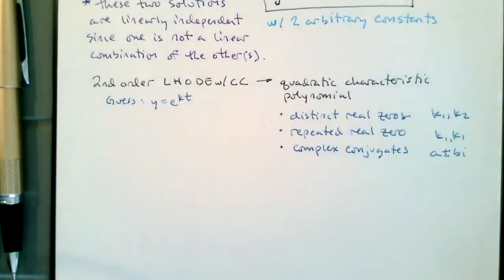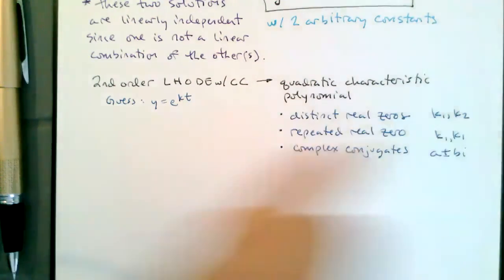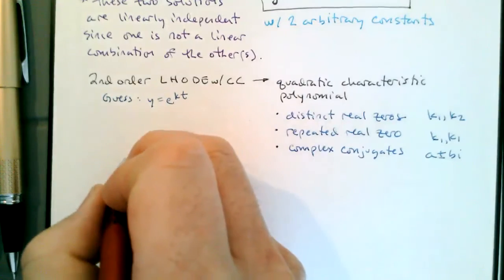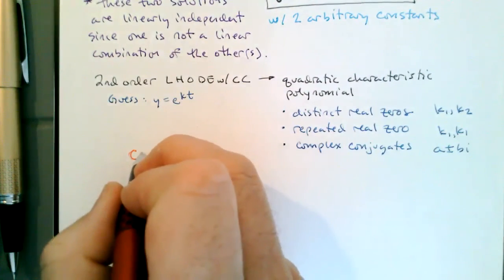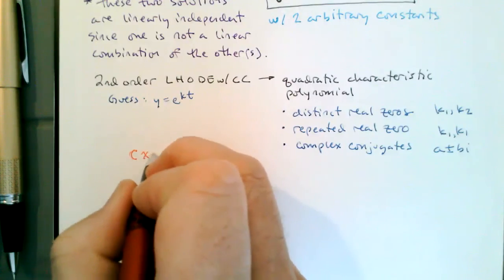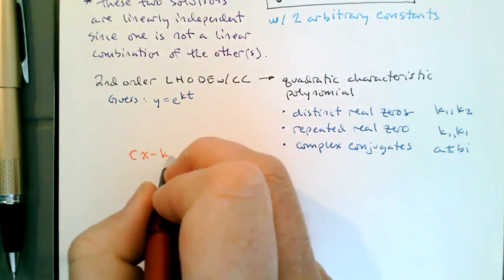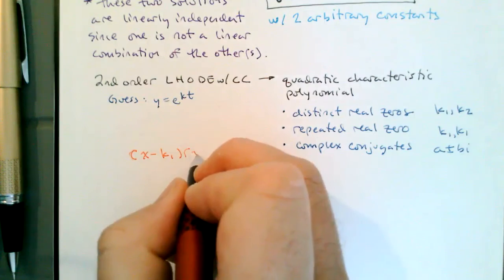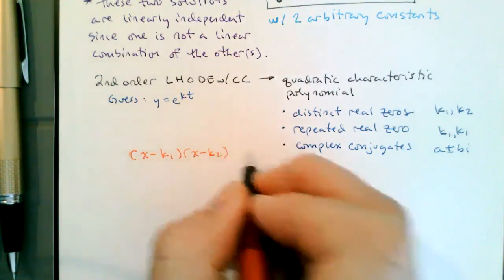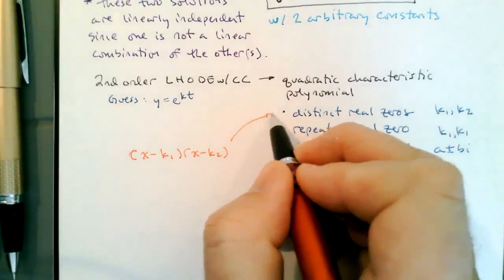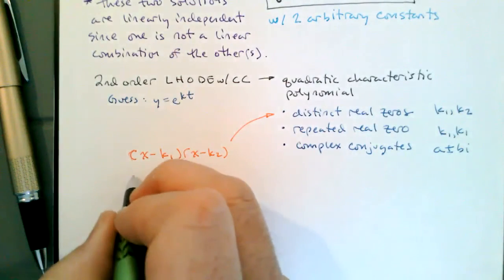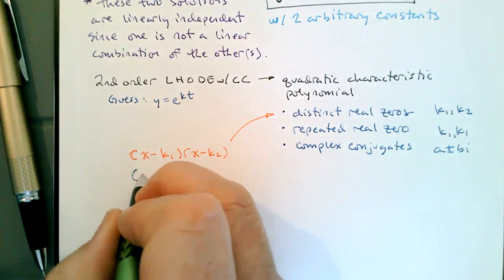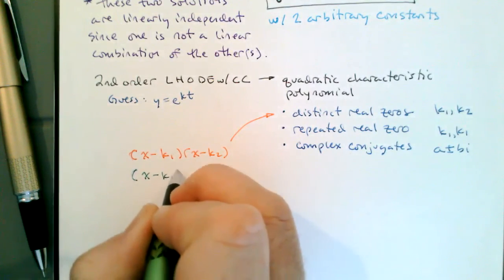So the distinct real zeros will factor out. That will be x minus k1 and x minus k2. I could have repeated real zeros where the polynomial factors out to x minus k1 squared.